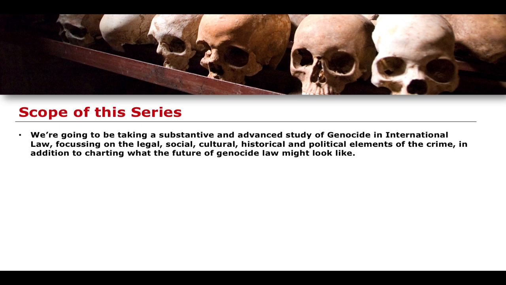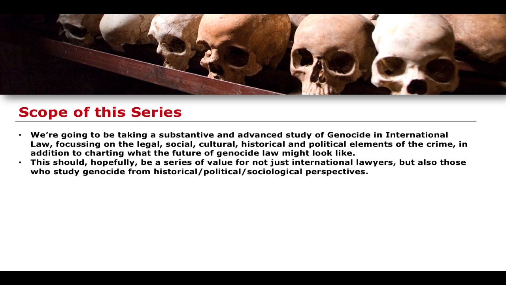It seems that now more than ever, at least in the last 20 or so years, the Genocide Convention is most heavily being utilized, especially compared to a lull period between 1948 and the late 1990s. This should hopefully be a series of lessons that's valuable to not just international lawyers or people who are studying international law, but people who also study genocide from a historical, political, and sociological perspective, but also for people who want to have a more nuanced, contextual understanding of genocide.